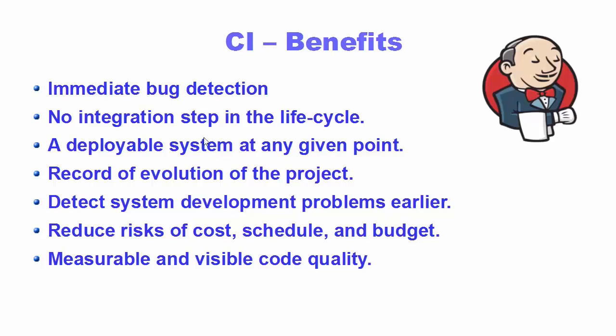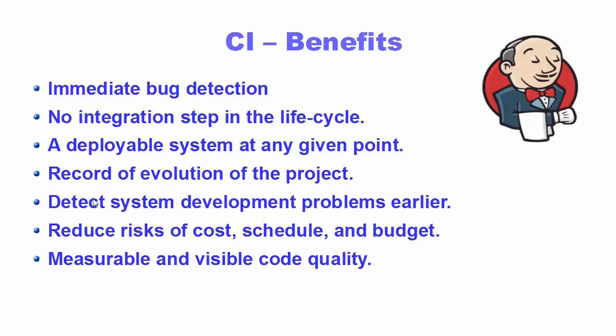Next, you have a record of the evolution of your project. For example, how many times your build succeeded or your test succeeded, and at what change or at what point your build failed or your unit test failed. It is going to keep the record of everything, so you can see it later and view the quality of your code.